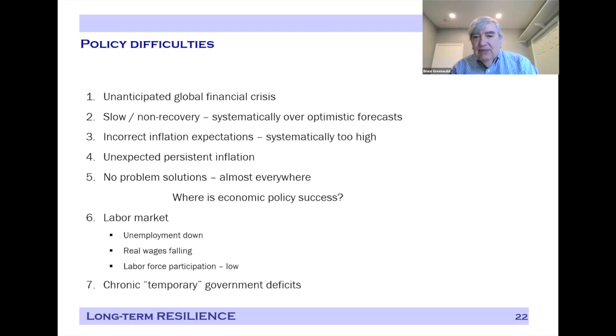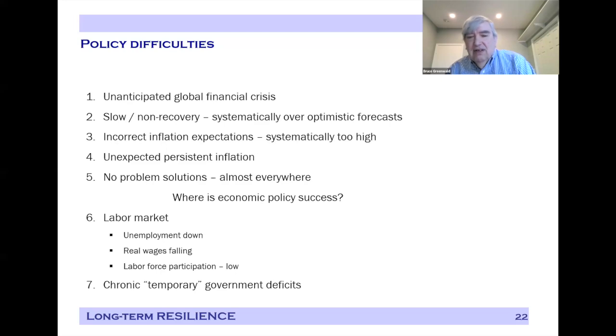Then there are no problem solutions that seem to apply. The latest funny one is monetary policy, which was supposed to restrain economies. We know from the micro data that interest rates have never had significant or detectable impacts on consumption and savings decisions. And now everybody's writing about how resilient the economy is in the face of rising interest rates.